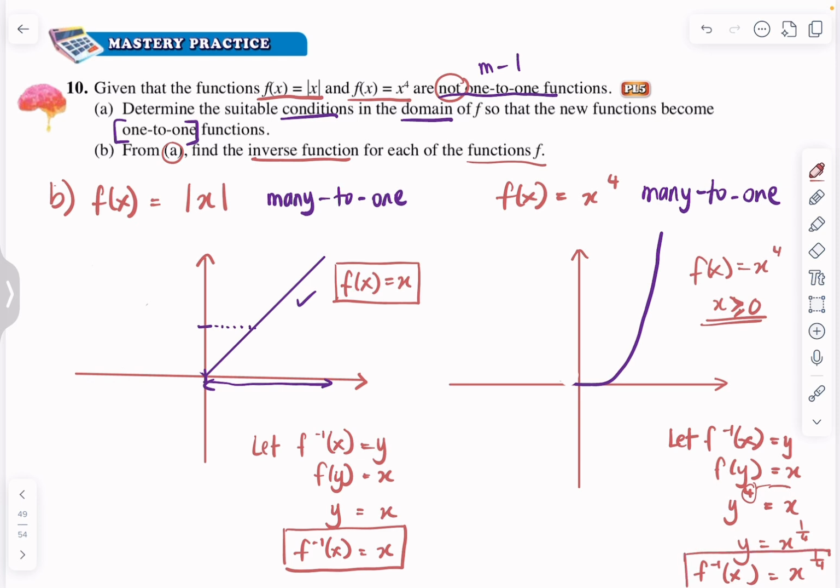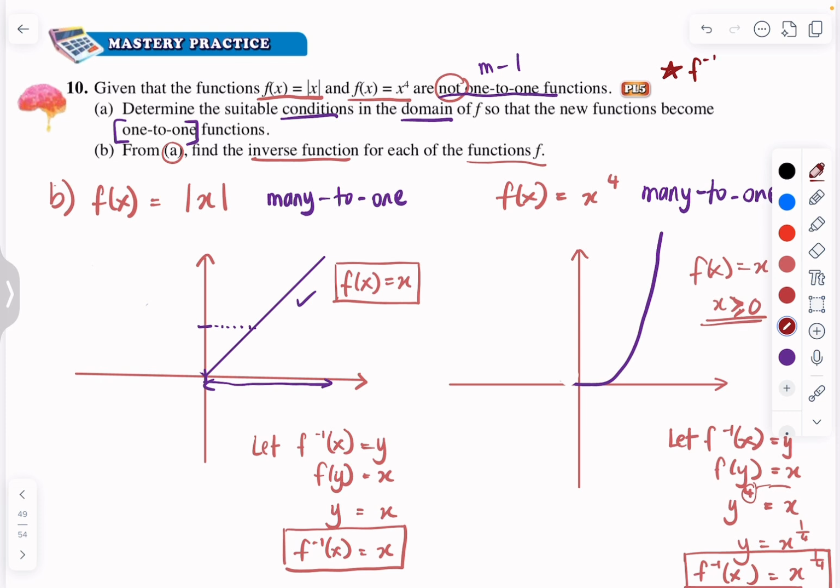This is your answer. Okay, one more way to find the inverse function is to reflect f(x) on the y = x axis. You reflect this on the y = x line, and you can find the inverse. This is another tip. Okay, I write this here.